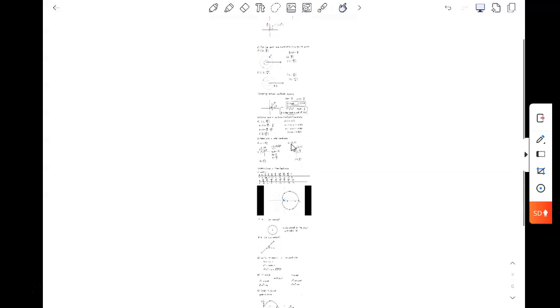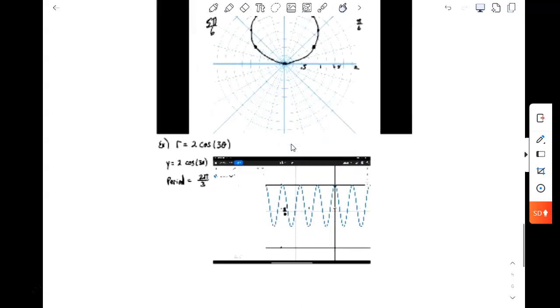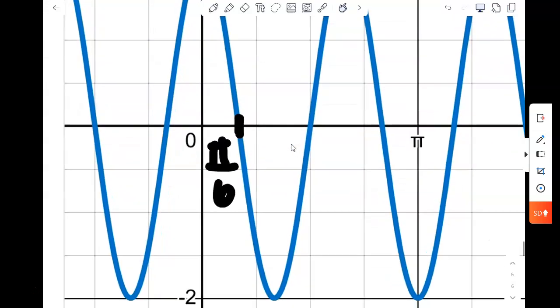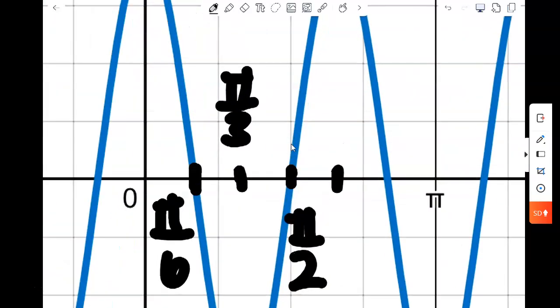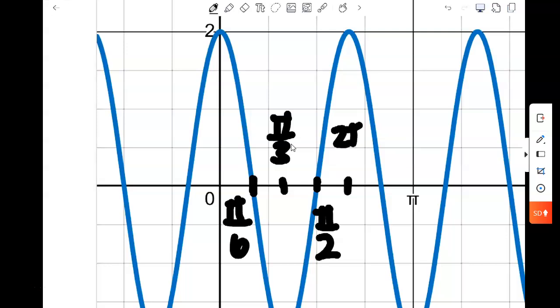I'm sorry, my graph just is going crazy here. So our next point here will be at pi over 3. Then the next point is another pi over 6. So pi over 6 plus pi over 3 is actually pi over 2. And it hits its first point here at 2 pi over 3. In other words, it's going up by 30 degrees each time. Okay, so if you want to think of it that way, and then you just keep working out your points.